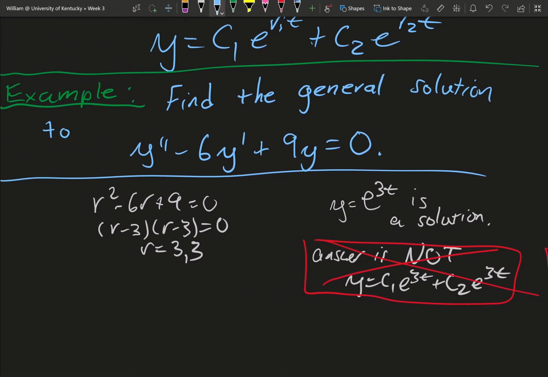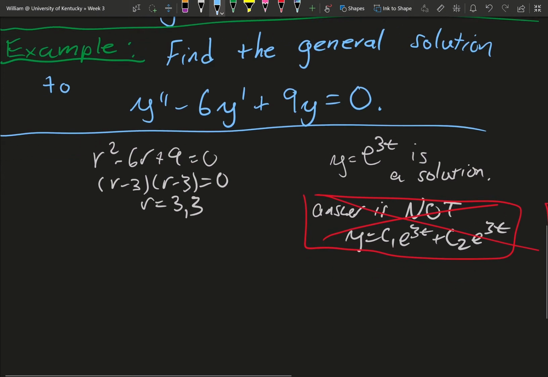So what we're going to do is something we talked about briefly at the beginning of this section of the course, which is a change of variable. I'll use u. I know that e to the 3t is a solution. So I'm going to do a change of variables, and I'm going to divide by e to the 3t.